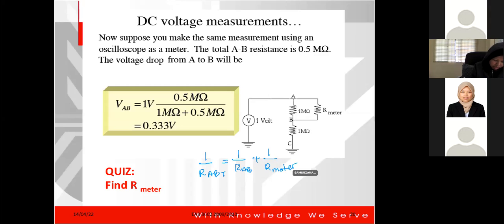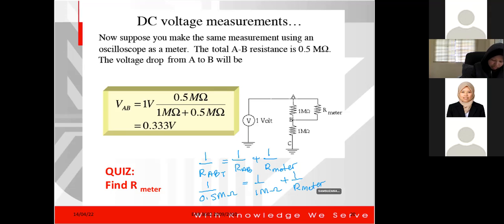Okay. So kita tengok apa yang value yang kita dah tahu. R AB total berapa? 0.5 mega ohm. Yang kita nak tahu adalah R meter. R AB kita tahu kan 1 mega ohm kan? Campur 1 over R meter.